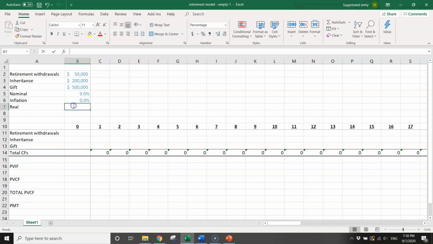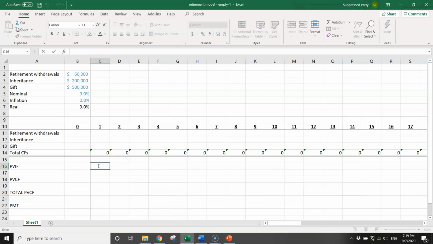What is the real interest rate? Remember the equation for the real interest rate. It is 1 plus the nominal interest rate over 1 plus the inflation rate, and then we minus 1 to calculate the percentage. It is 9%.